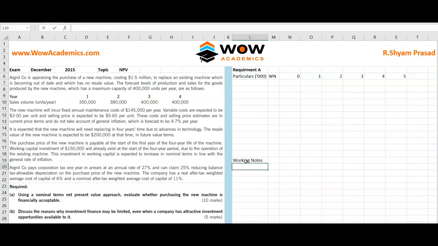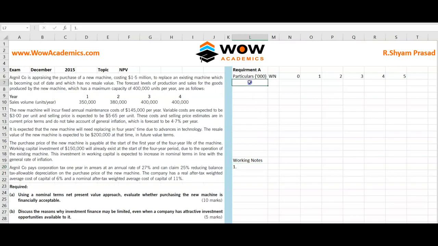Working note number 1. If you look at this problem, in order to do it much more shortly, first we can deduct the variable cost from the selling price. We'll get the contribution per unit that we can inflate for 4 years. We'll get inflated contribution per unit. With that, if we multiply the units, we'll get the total inflated contribution number.